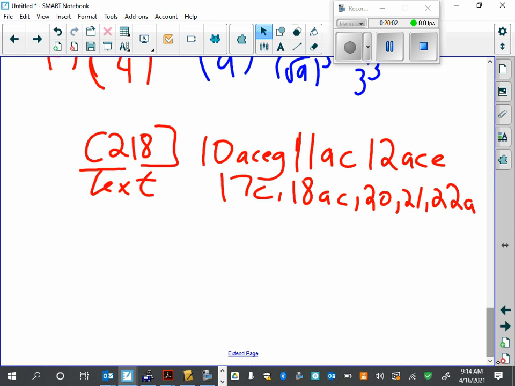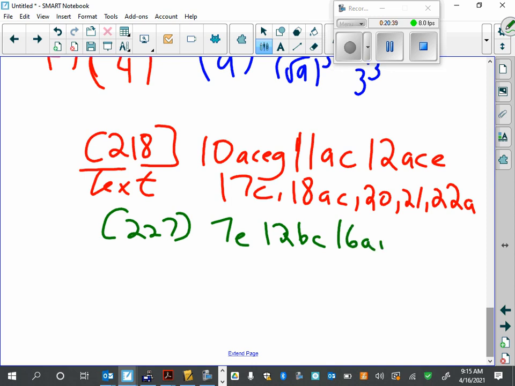Let's add some to this. Go ahead and do these ones as well. Page 227. I'm not going to give you many, just a reminder on how to do this. And 12 BC. And one of those. How about 16A1? That's just one question.